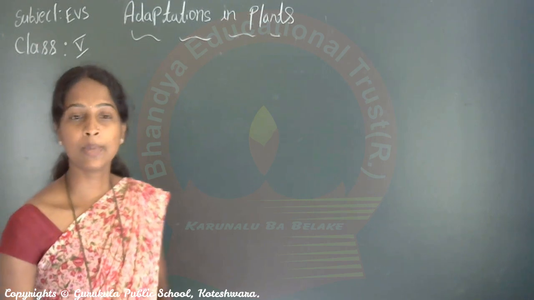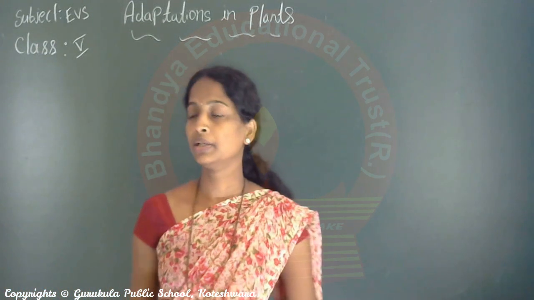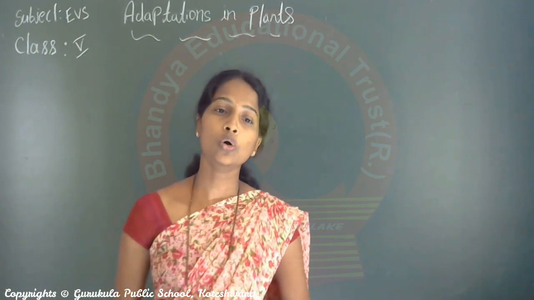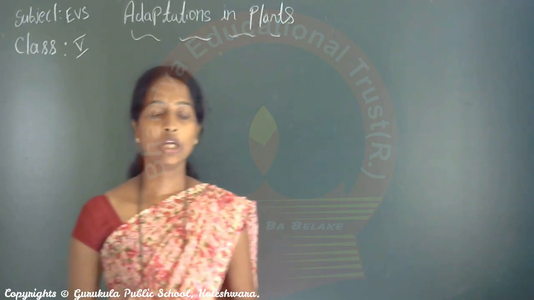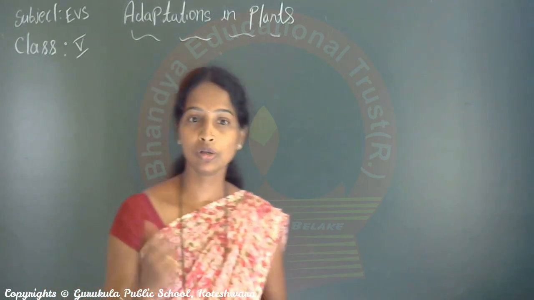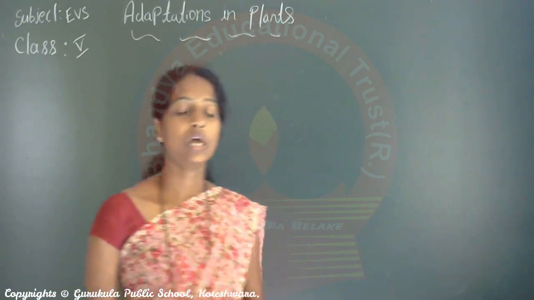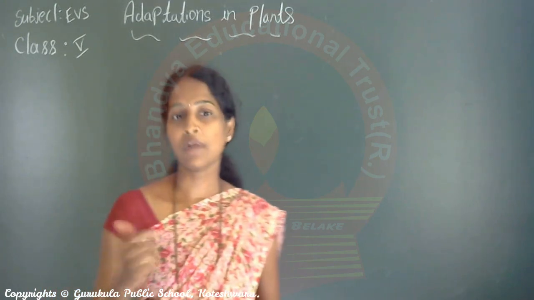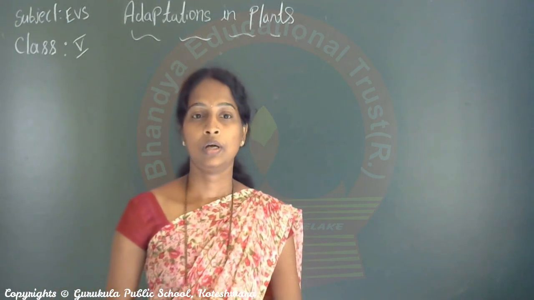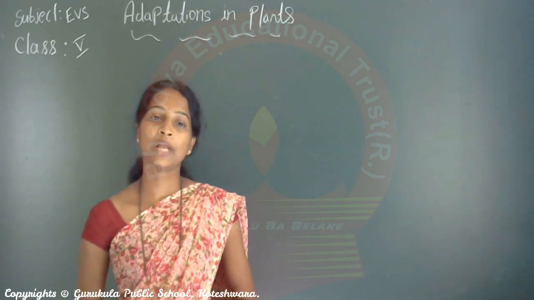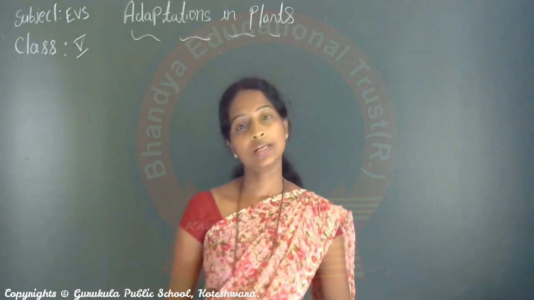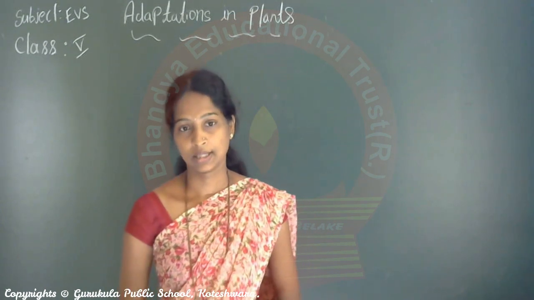We already learned that the plants that grow in water are called aquatic plants. Depending on their features or adaptation, we classified three types of aquatic plants: floating plants, fixed plants, and underwater plants.